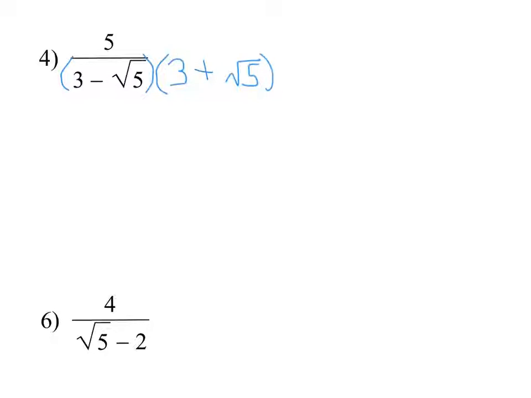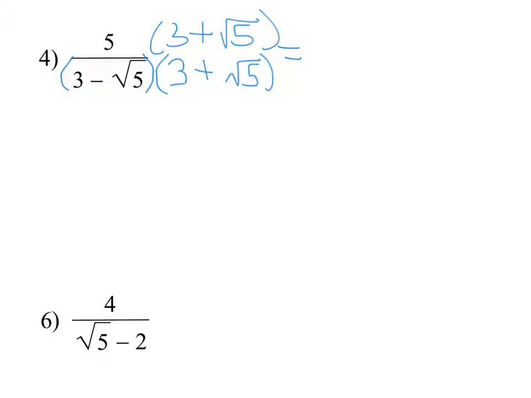If the one they gave you was a plus sign, then this guy would be a minus sign. All right, so we've got 3 plus square root of 5, right? Anything we do to the top of the fraction, we also have to do to the bottom, because anything divided by itself is 1. And so you are multiplying by 1, and that does not change the value of this, okay?